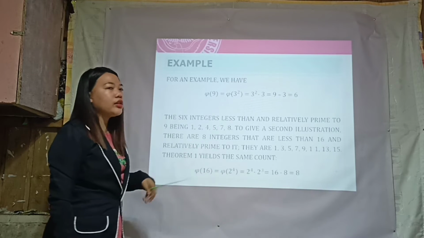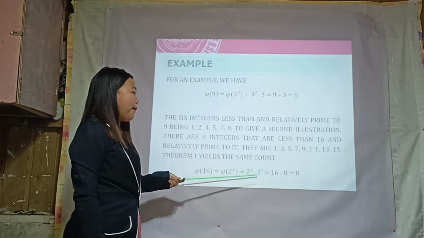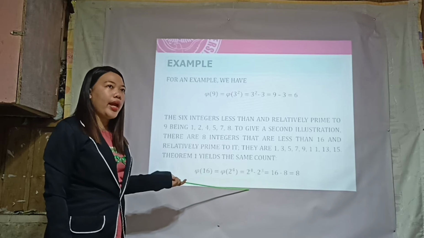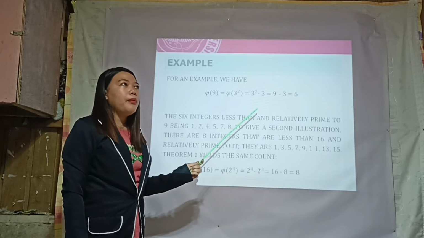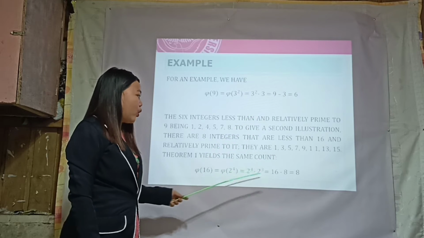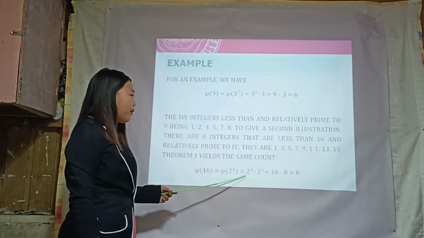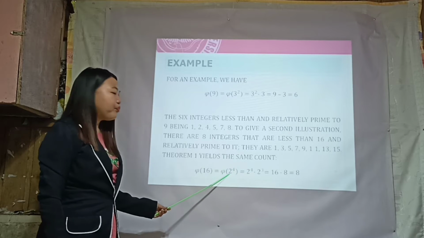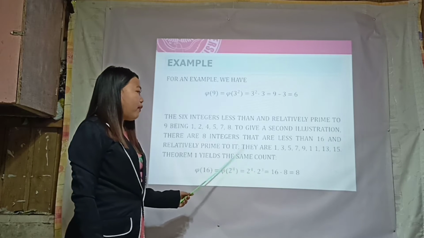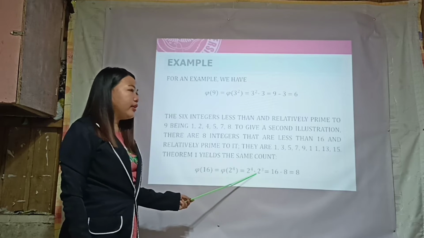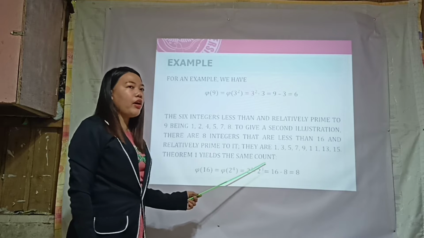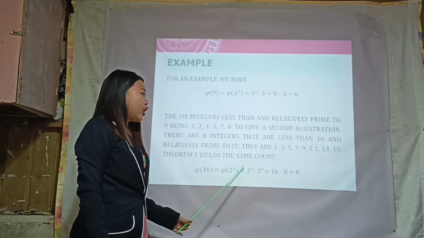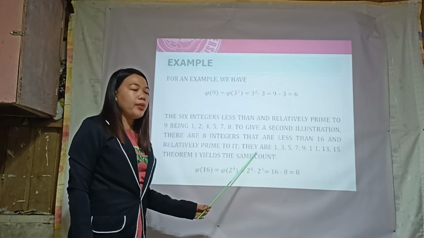So, as we go back to the formula, which is p raised to the power of k minus p raised to the power of k minus 1. So, the p raised to the power of k is 2 raised to the power of 4, then minus p raised to the power of k minus 1, which is 2 raised to the power of 4 minus 1.